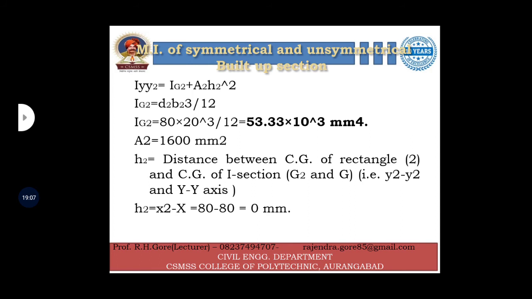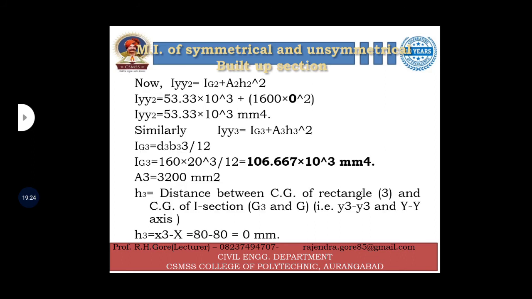Same way Iyy2, Ig2 plus A2H2 square. Ig2 is D2B2 cube by 12. Ig2 is 53.33 into 10 to the power 3, and it becomes equal to Iyy2 because H is 0. Same way Iyy3, Ig3 plus A3H3 square. So Ig3 is equal to D3B3 cube by 12.